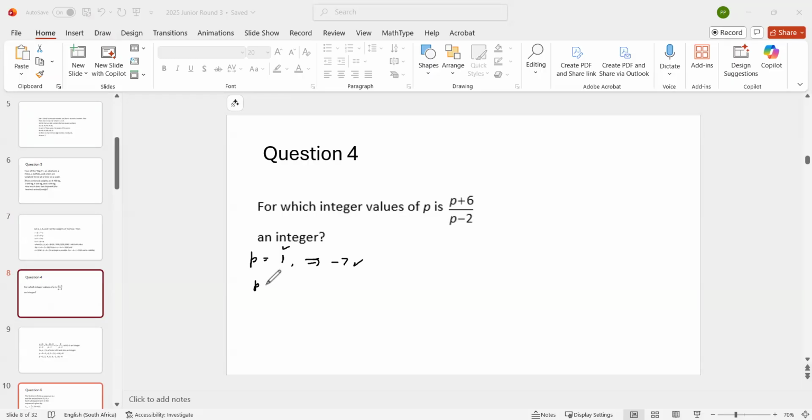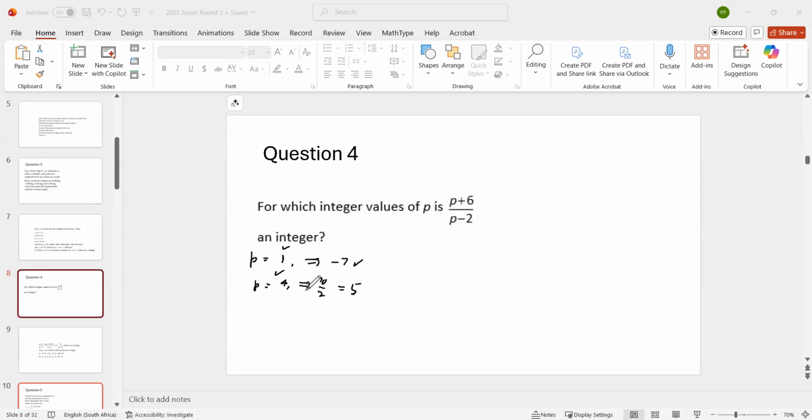And let's try P equal to 2. For instance, P equals 2 is not possible. Make P equal to 4. So 4 plus 6 is 10 over 4 minus 2 is 2, so it's 10 over 2. And that's fine. That's also an integer. So P equals 4 is one of them.